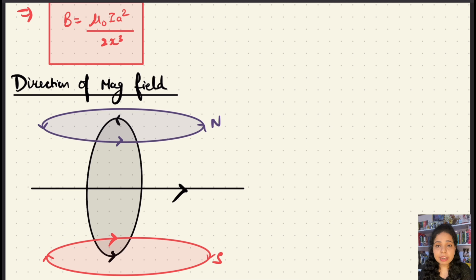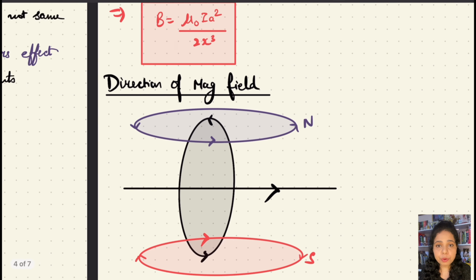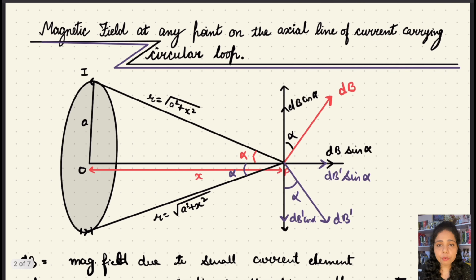So the net magnetic field has the overall direction along the positive x-axis. So the direction of magnetic field which is generated on the axial line of a current carrying circular loop is along the axis of the circular coil. So this is all about today's article.